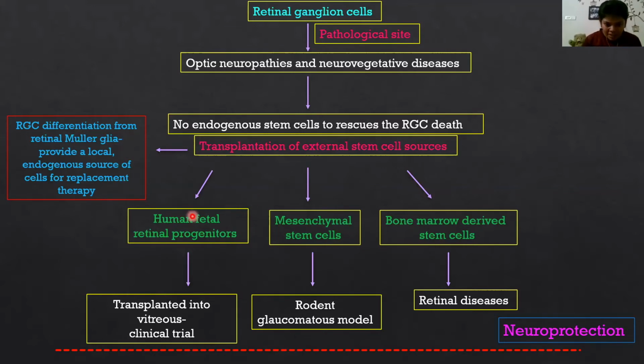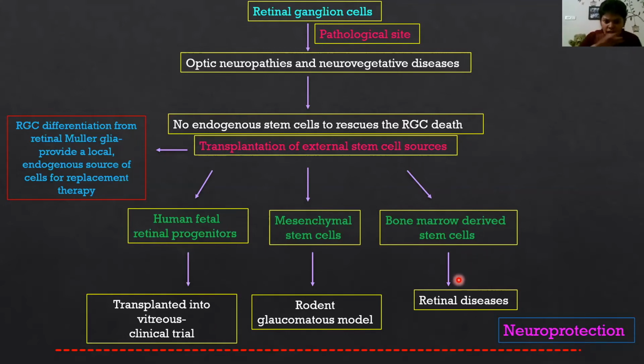So all these three types of stem cells are being transplanted into the retina. Human fetal progenitors were transplanted into the vitreous, and this is a clinical trial that is ongoing in humans. And in rodent glaucomatous models, it actually showed neuroprotection. The bone marrow derived cells were not used on a glaucomatous model, they were used for other retinal diseases.